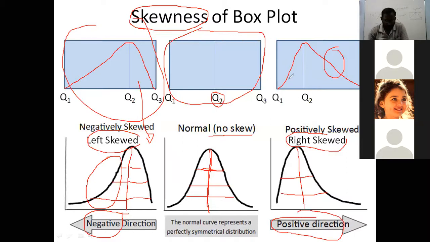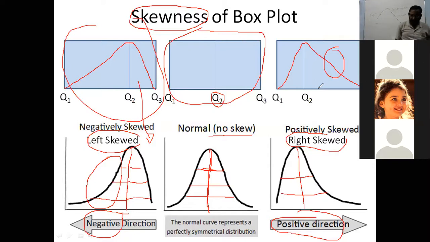So the middle 50% of the data, how does it behave? Whether it is a right skew or a left skew. In our previous example, is it left skewed or right skewed? Left skewed, right?